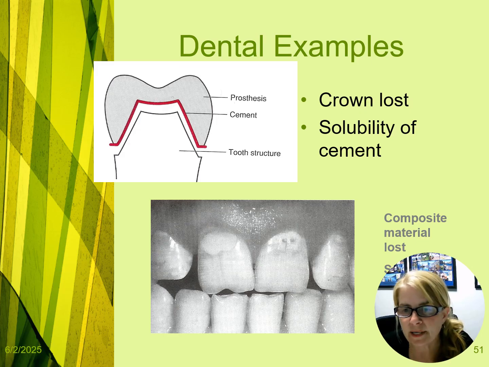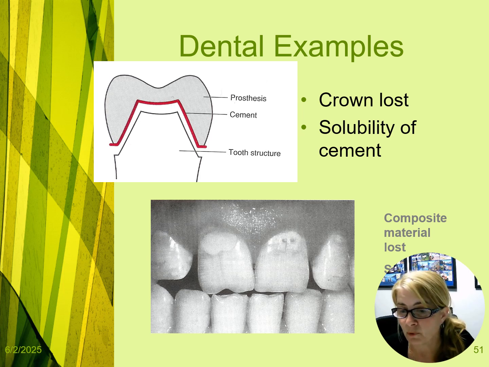So in the top picture we have our crown example. So the crown has lost some of the cement around the edges due to the solubility of the cement. When we're cementing something permanently, we don't want there to be much solubility with that cement. We're going to get some, and we don't want there to be much solubility.